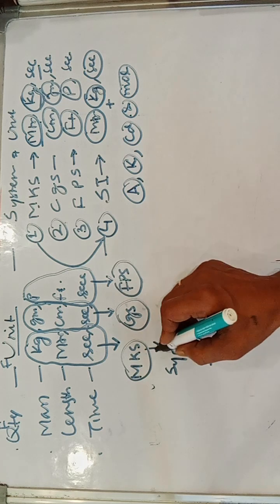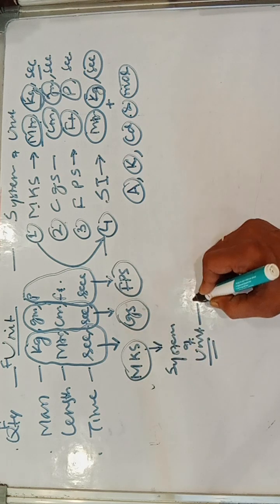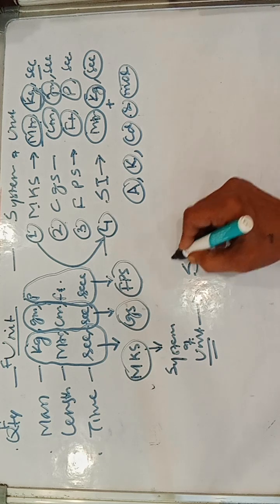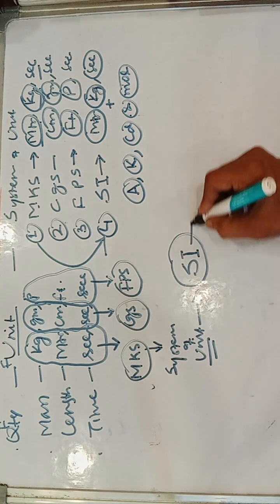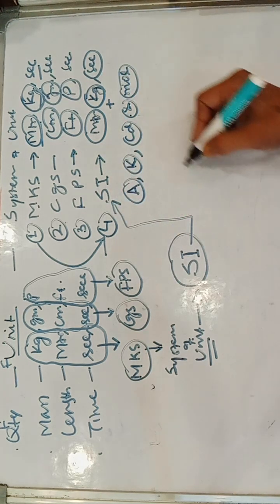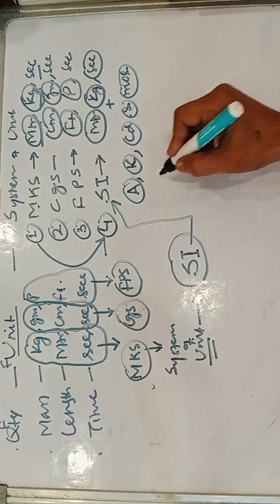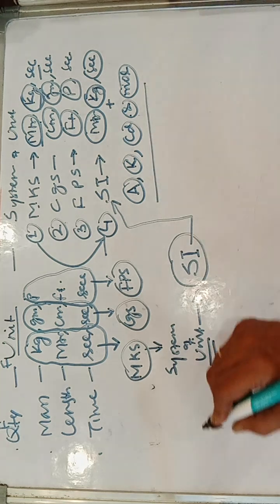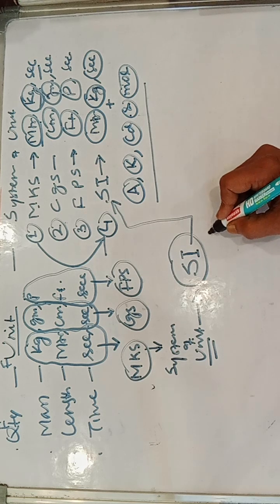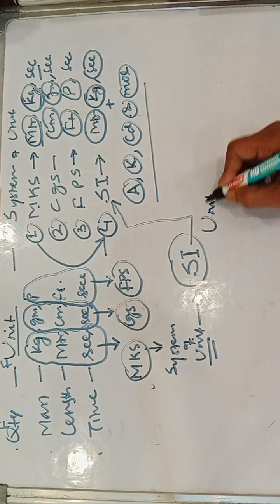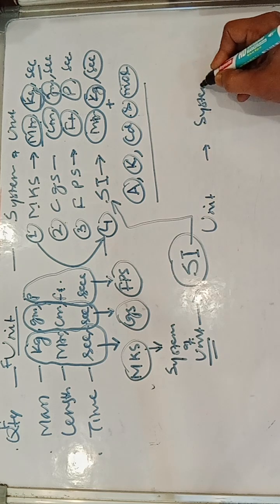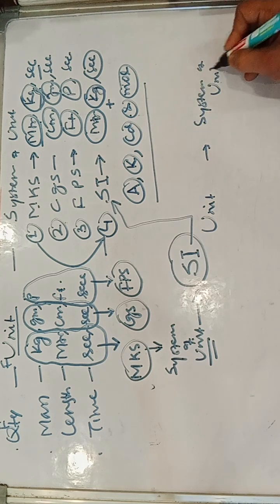The same MK system of units is modified into International System of Units SI, whereas we have 7 fundamental units for 7 fundamental quantities. With this, we could complete what is unit, and what is system of units.